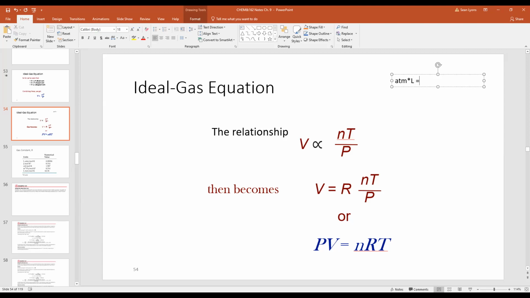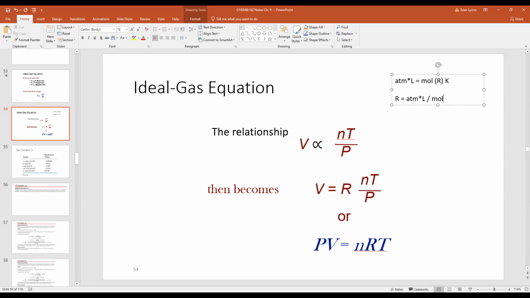And then on the right-hand side, we'll have moles, and then I'm just going to use R for now as the gas constant. And then temperature, we always need in Kelvin. So if we think about rearranging this to solve for R, R is equal to atmosphere times liter, and then we're going to divide this whole side by mole and by Kelvin.